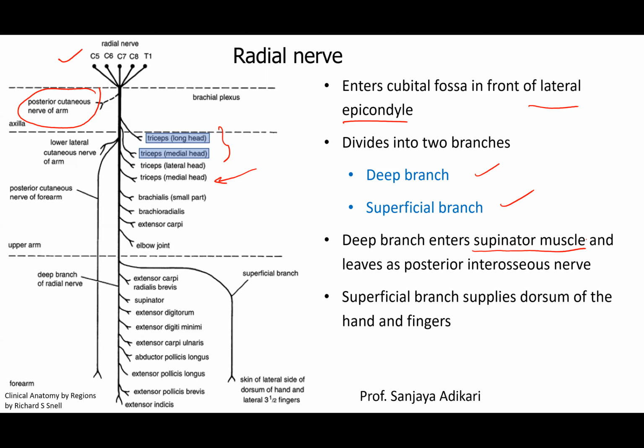It enters as the deep branch of the radial nerve and leaves as the posterior interosseous nerve. And the superficial branch supplies the dorsum of the hand and fingers. Okay, so these are the branches of the radial nerve.